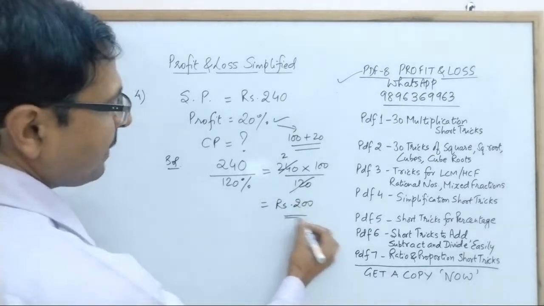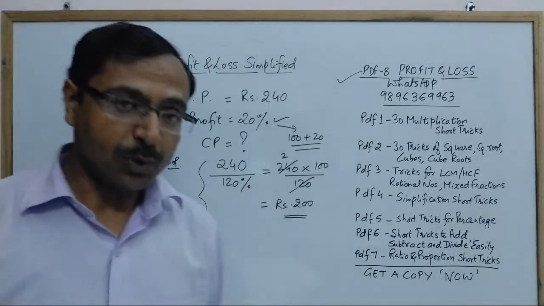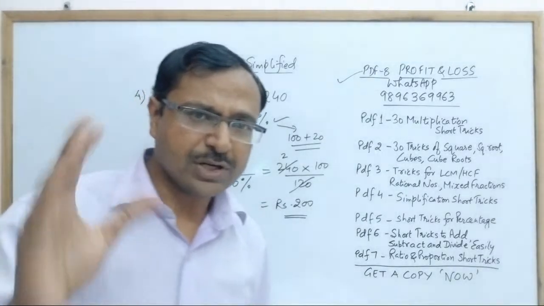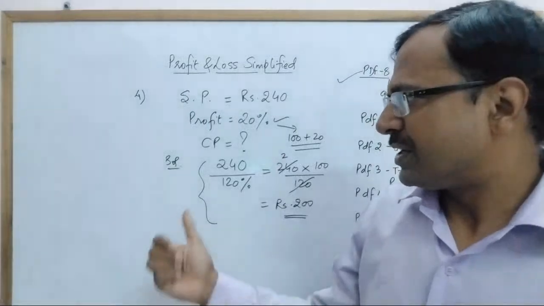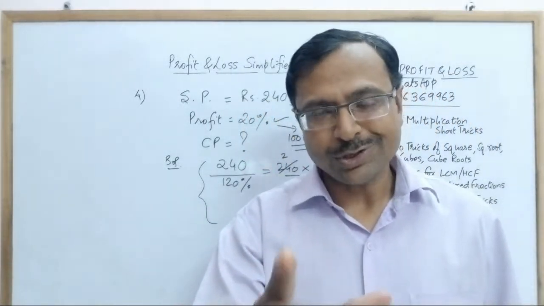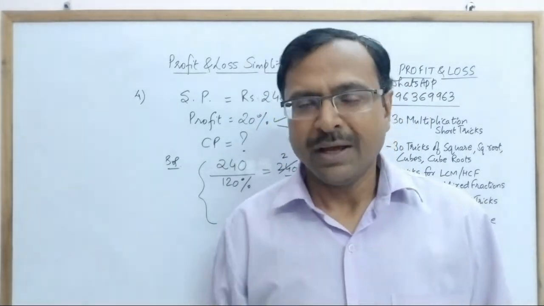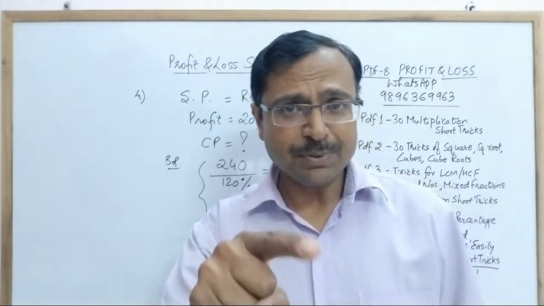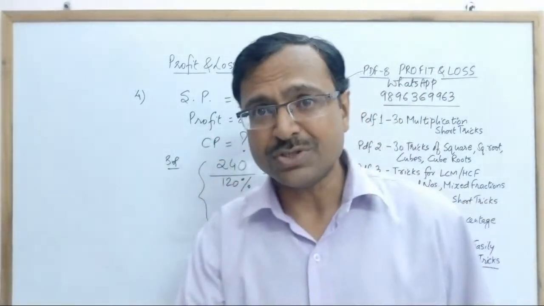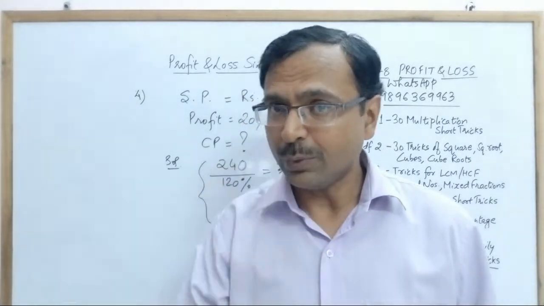Now this is the simplest possible method of finding the cost price when selling price and profit is given to you. So all the young students who are watching there, please don't use traditional methods in competitions. You need to get the multiple choice question correct, and that has to be done, say 80% of the calculation happens in mind, and the first impression which you get after reading the question is very important. What is the first thought you get in your mind?